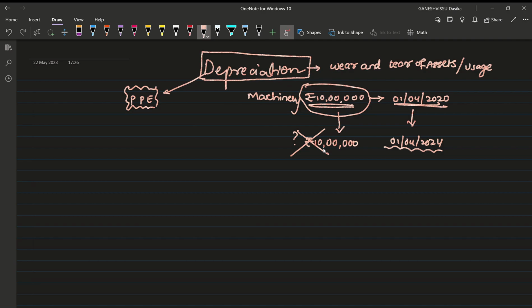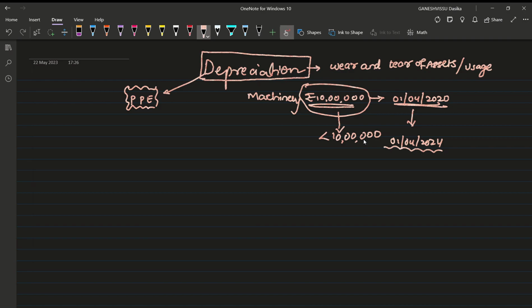By using this machine, the effectiveness of that machine will be decreased day by day, time to time, month to month, year by year. So the value of the machine after 4 years will of course be less than rupees 10 lakhs.